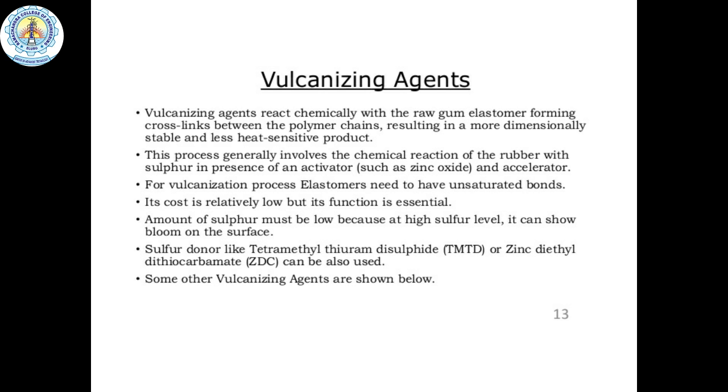For the vulcanization process, elastomers need to have unsaturated bonds, that means double bonds. Its cost is relatively low, but its function is very essential. The amount of sulfur must be low because at a high level of sulfur, it can show bloom on the surface. Sulfur donors are TMTD or ZDC.